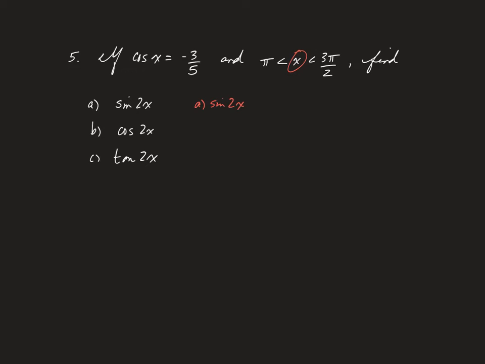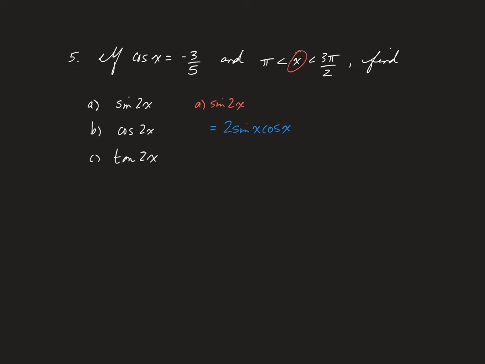And so I don't like having double angles in there. And so I want to switch it into a single angle. Well, I can apply then my double angle formula, and I know that the sine of 2x is equal to 2 sine x cos x. Now I've broken it into single angles, just angle x.